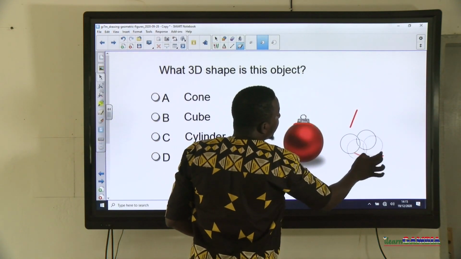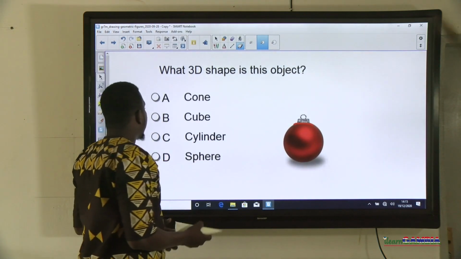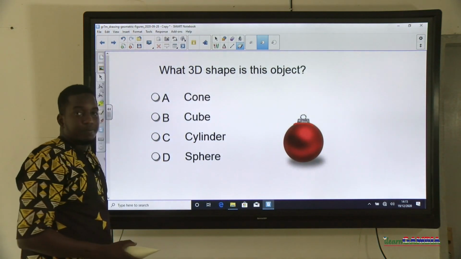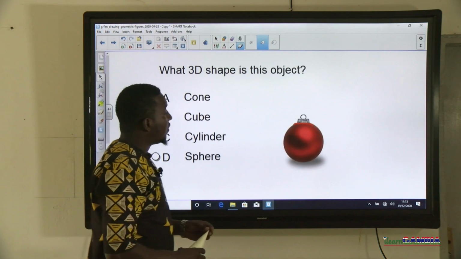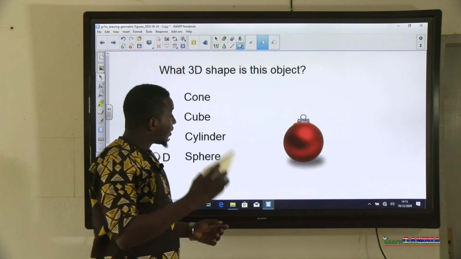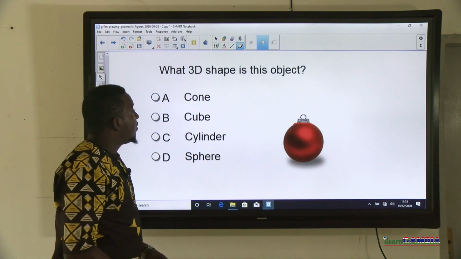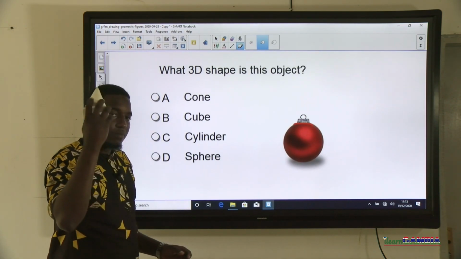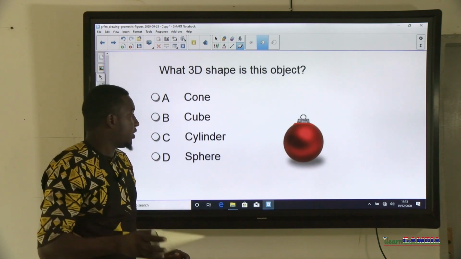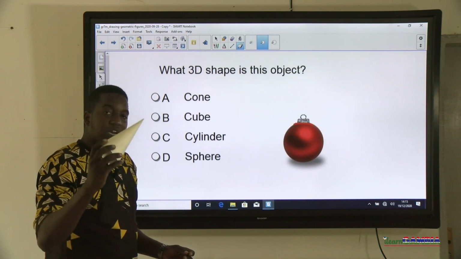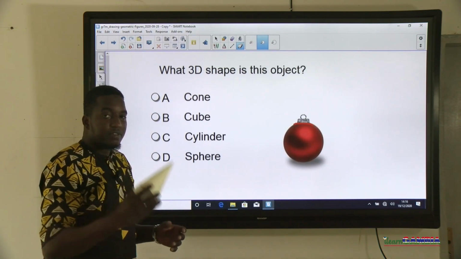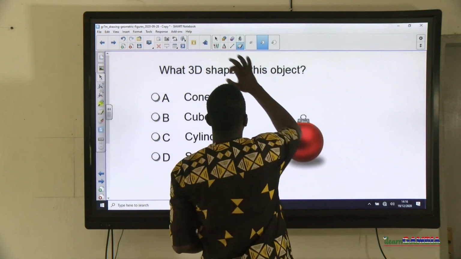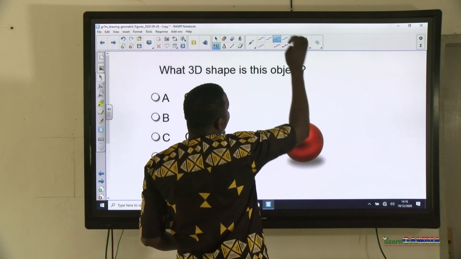We look at the second option. The second option says a cube. In our previous lesson, we've talked about cubes. We said cubes are solid shapes that have 6 equal faces. They have 12 edges and 8 vertices. So let's draw a cube here.